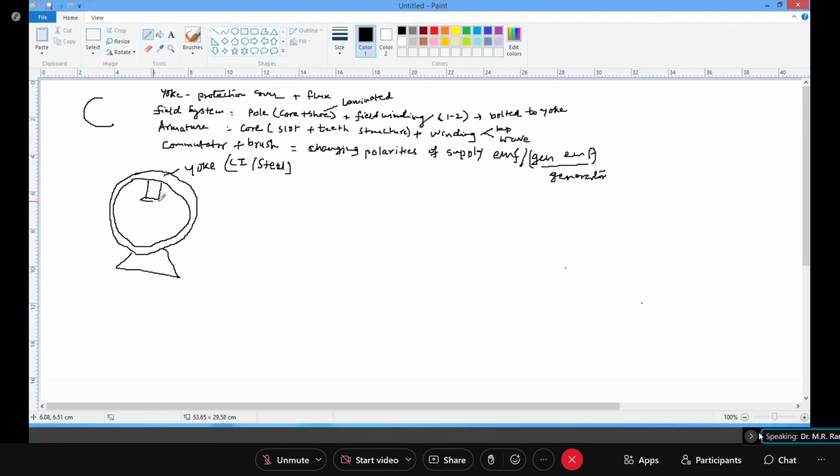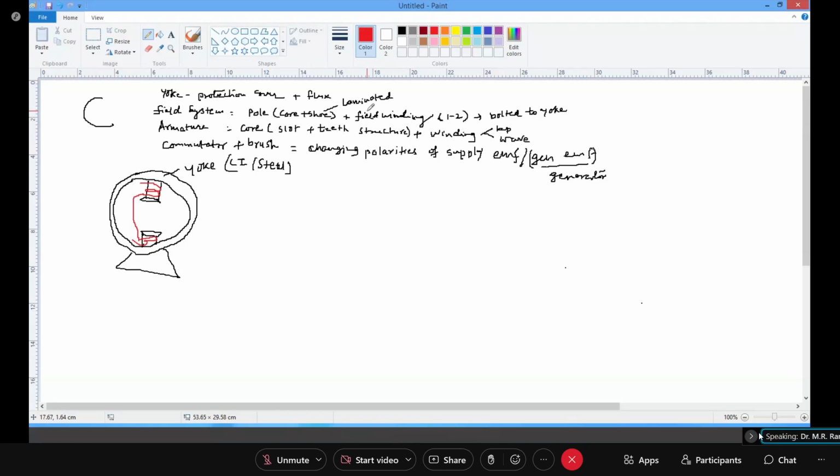So you have a shoe, at least an even number of poles will be there. This is the basic part, and here you have a winding. Here also you have a winding, and these windings, for n number of poles, are connected in series.